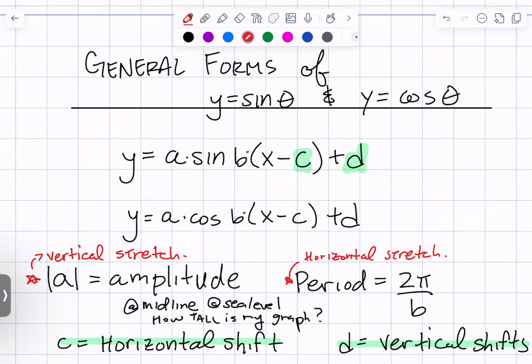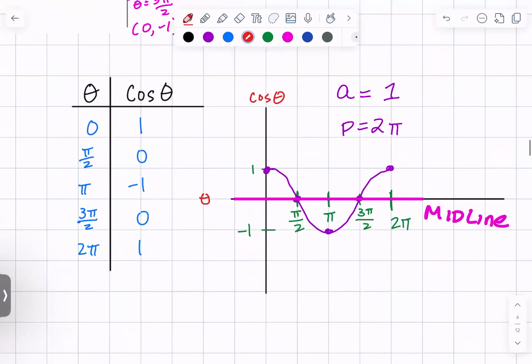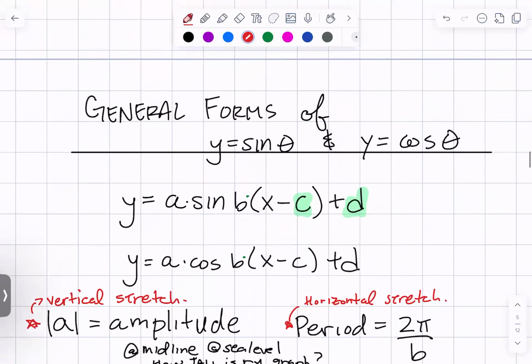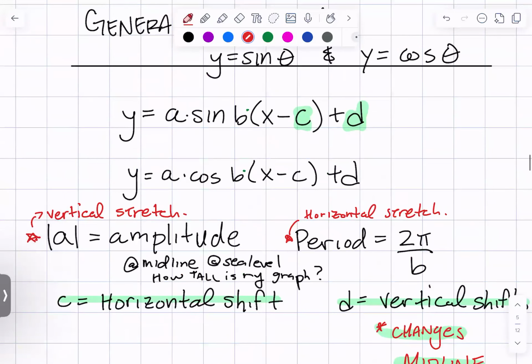And how we get it is, if it was the parent function, we know that the period for cosine and sine is 2 pi units long. And if I stretch it out, or compress it in, it would change my period. So it's 2 pi over b.